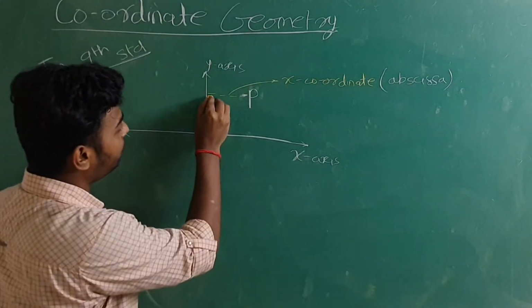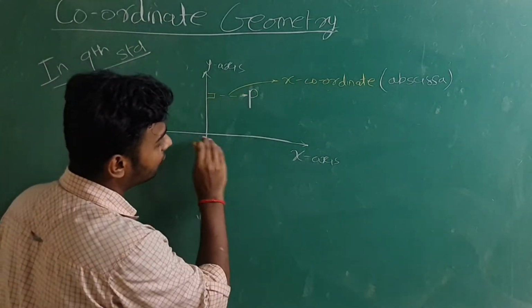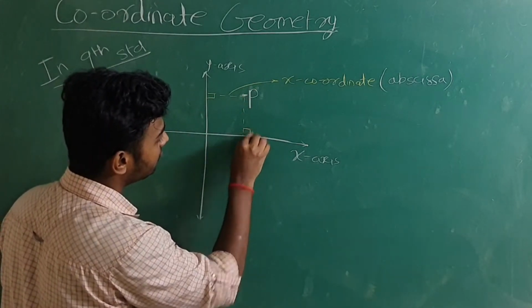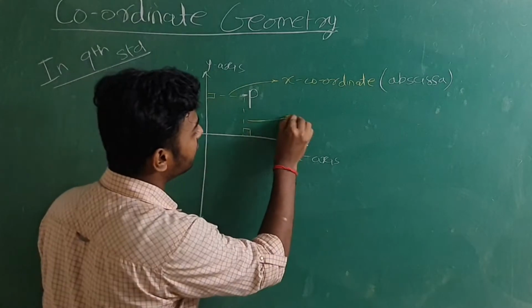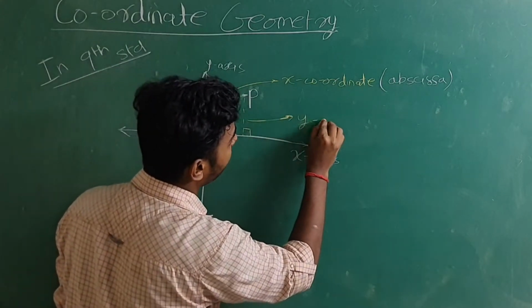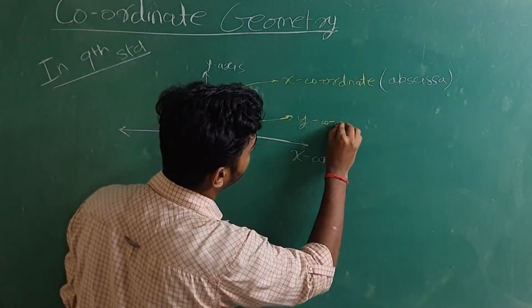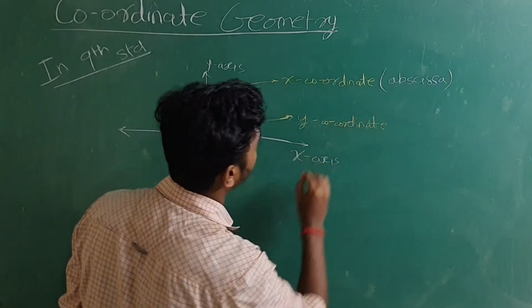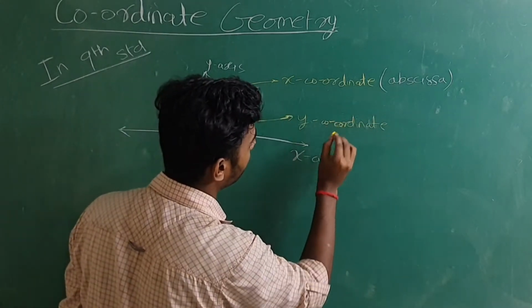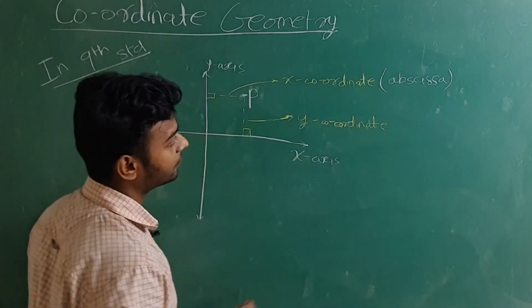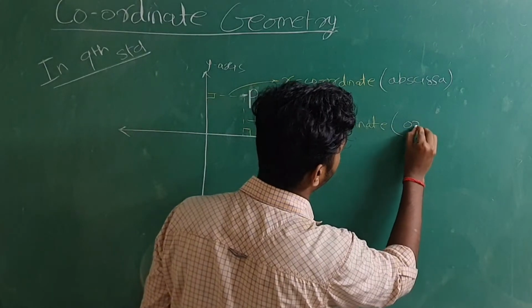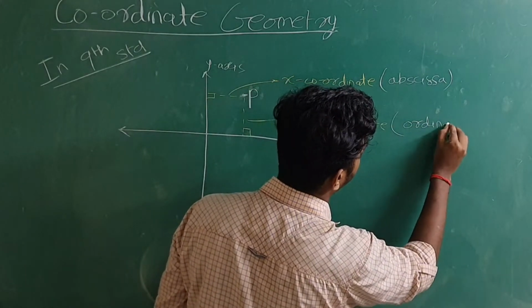And the distance of point P from the x-axis is known as the y coordinate, which is also known as the ordinate.